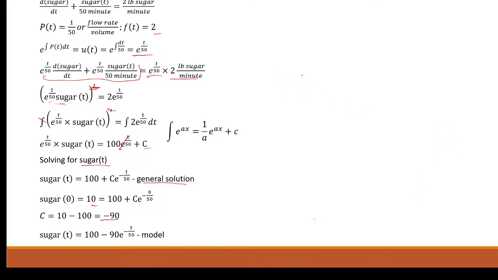Oh, and this was just the rule of taking the integral or antiderivative of something to base e. 50 just represents a. So dividing by 1 over 50 is just multiplying by 50, which gives you that 100.